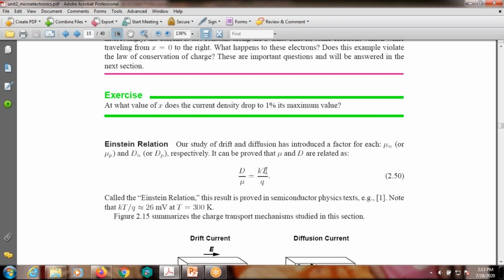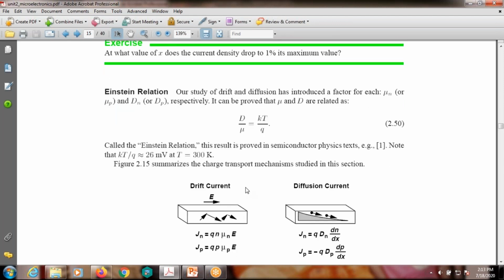At room temperature, 300 Kelvin, the resultant value is D by mu equal to 26 millivolts. This is very important: the relationship between the diffusion constant and mobility, D by mu is 26 millivolts at 300 Kelvin.